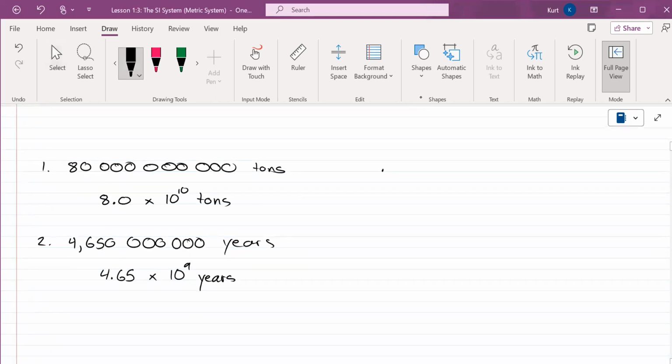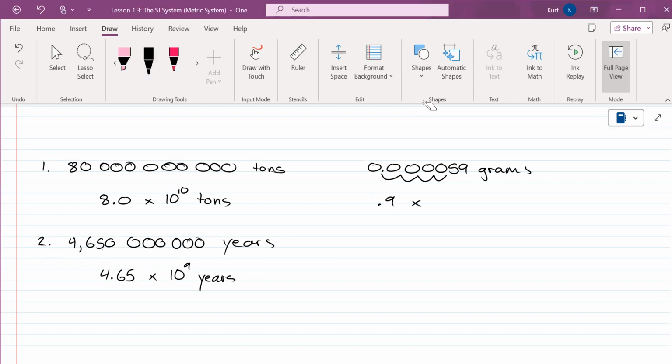We got 0.00059 grams. Madeline, can you tell me what this would be in scientific notation? 5.9 times 10 to the 4th. 1, 2, 3, 4.